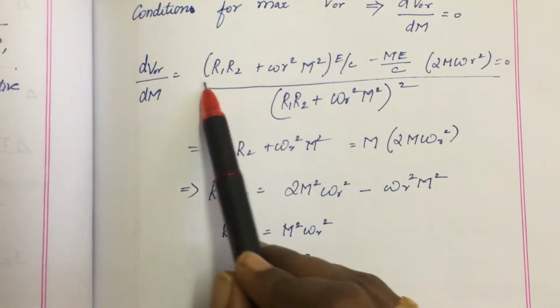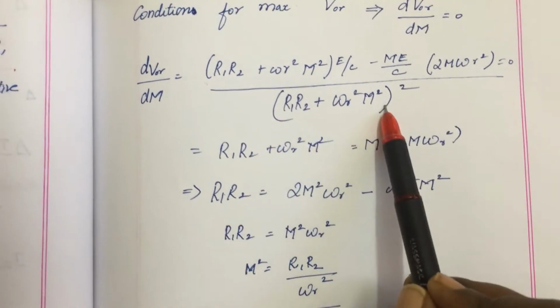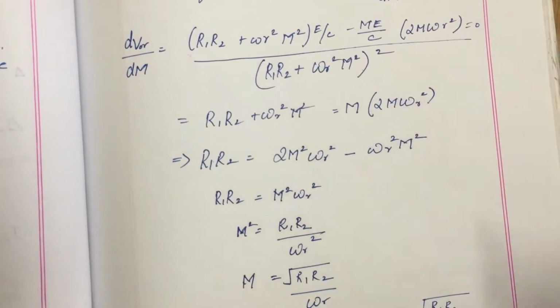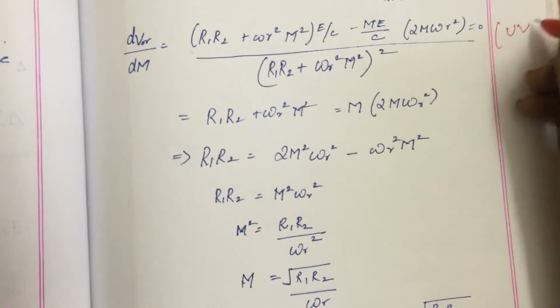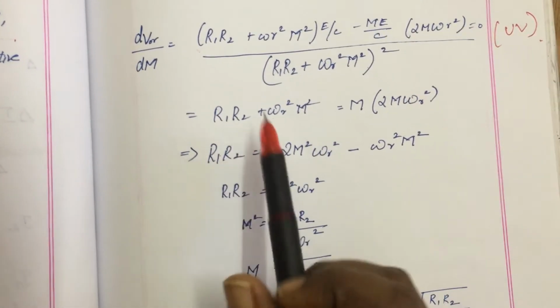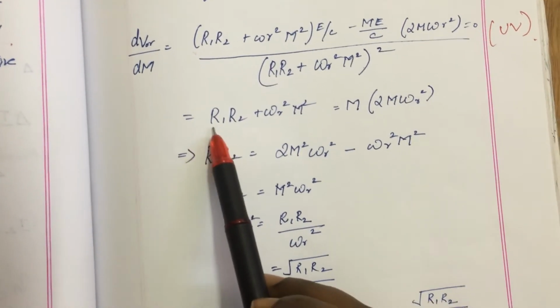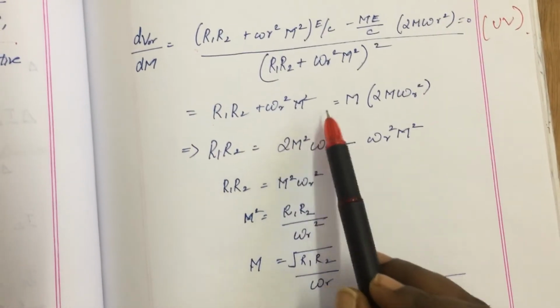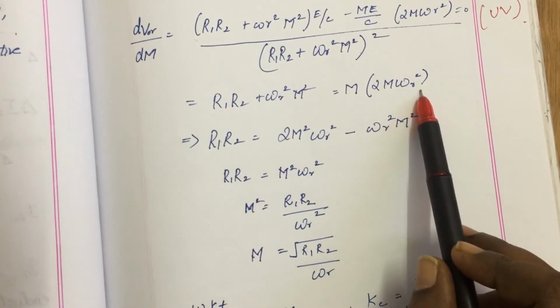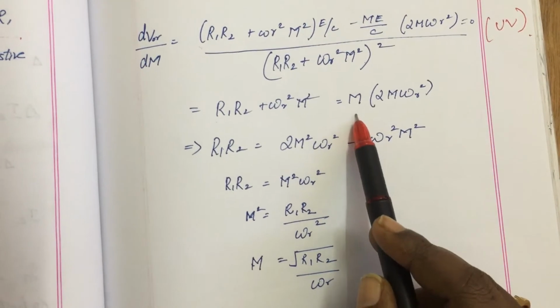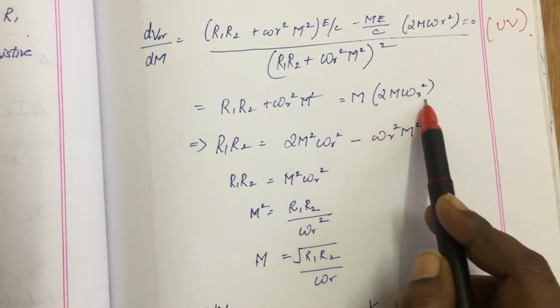By substituting what V0 is, we have obtained the equation like this, but we are going to apply the UV method here. Using the UV method, I have got my equation like this.